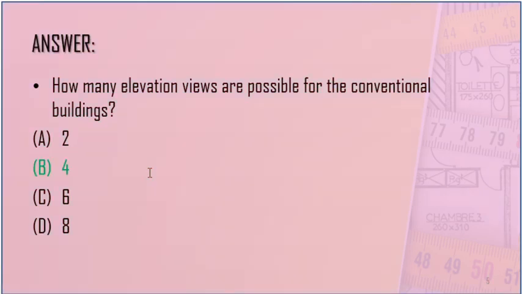There are 4 possible elevation views for any conventional building, as you can look from either side. So we can say there are 4 conventional sides of a building, as we have also learned from our object drawings.